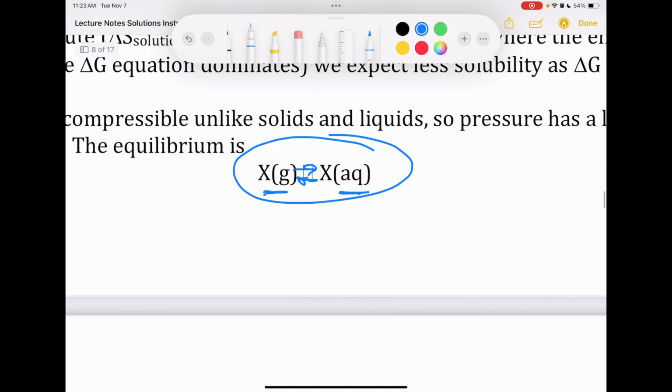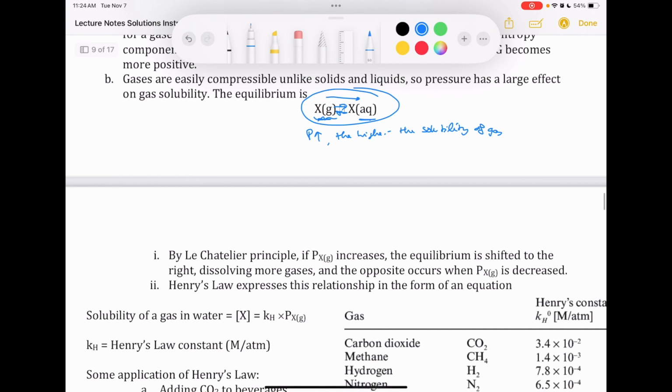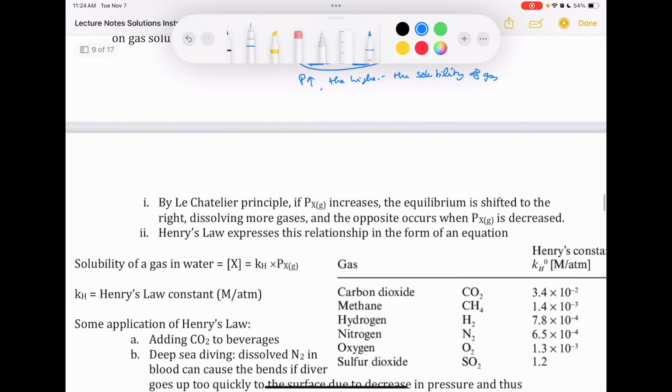And we can see that in this reaction, if we were to increase the pressure of the gas, which is to put more gas on that side, you're going to have the equilibrium shift to the right due to Le Chatelier's principle, right? So that means that the higher the pressure, the higher the solubility of gas. And this is something that people have put in practice for many years to try to dissolve gas in water. In fact, there is an equation that we can use to help us figure this out.